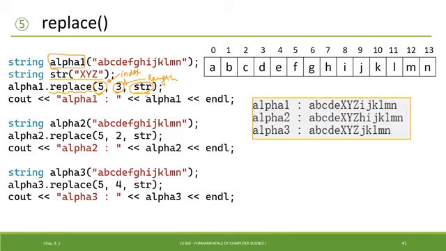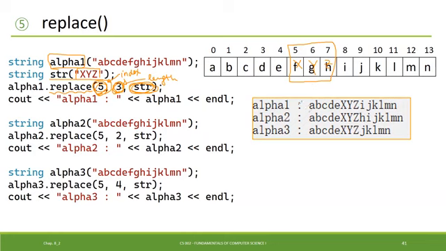So it means from index 5 and length 3, those 3 letters from the index should be replaced with this string. str is xyz, so xyz will be here. xyz will replace fgh.